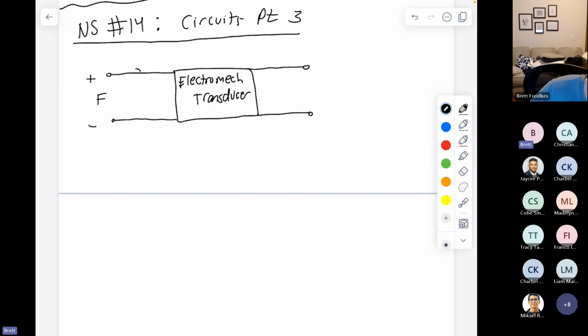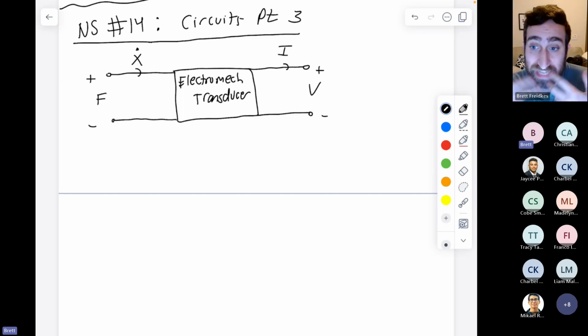You have a force and you have a velocity. That force and velocity are sensed or felt by the transducer, and in response, they will create some electrical output, which will have some current and some voltage.